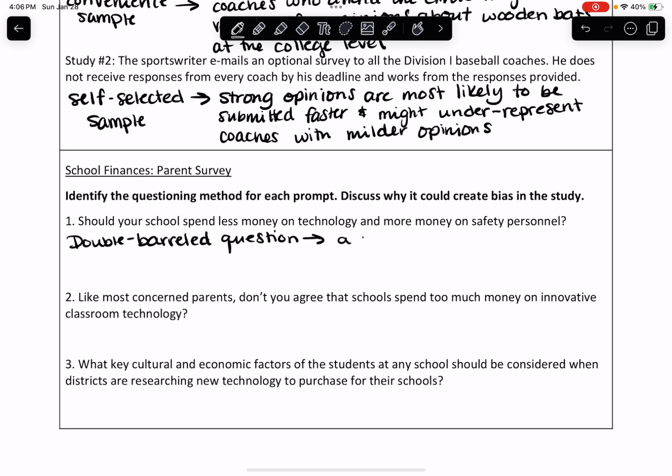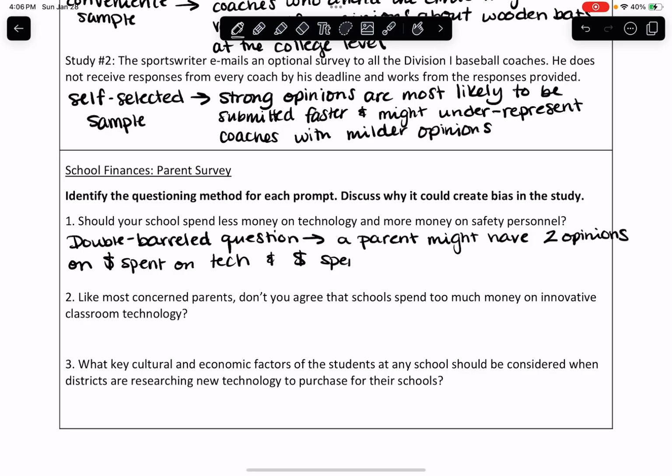So a parent might have two different opinions on money spent on technology and money spent on security. But they're only able to give one answer here.